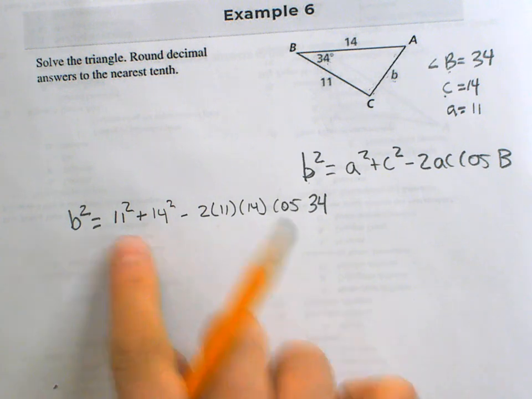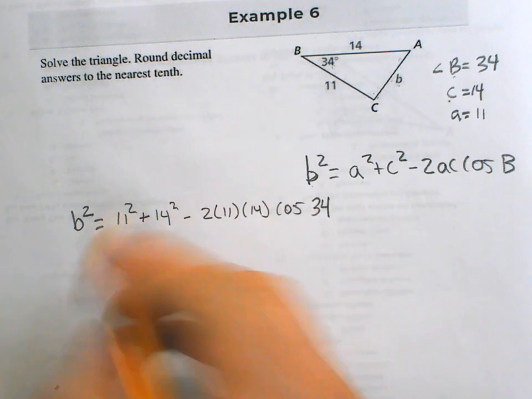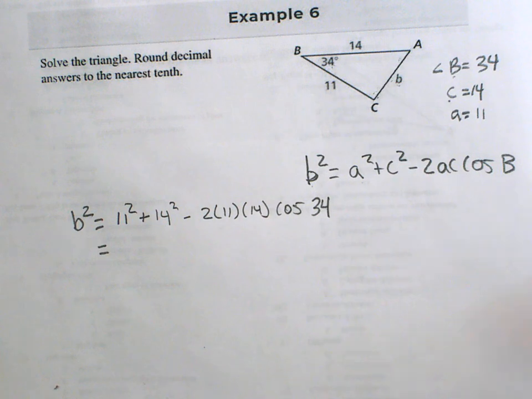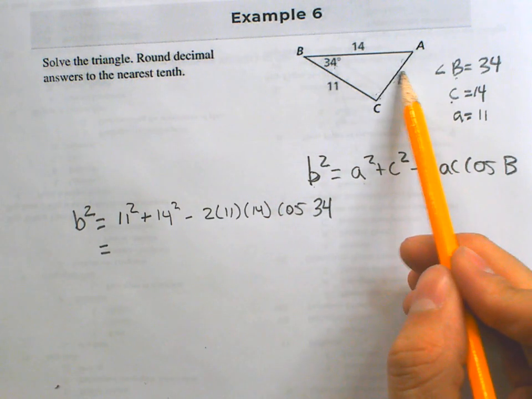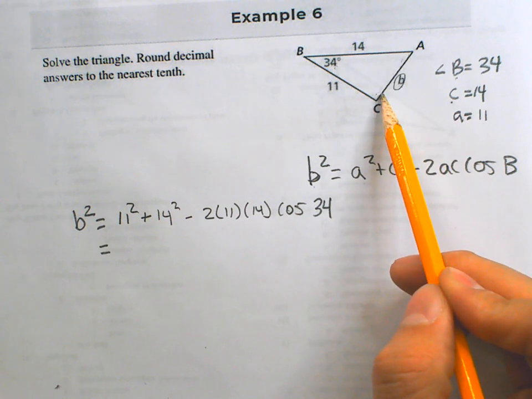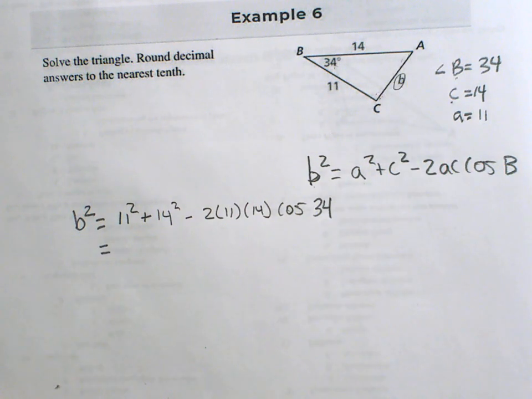Notice that I can calculate all of this, because I'm looking for three things here: b, angle A, and angle C. So I might have to use the law of sines in just a bit.